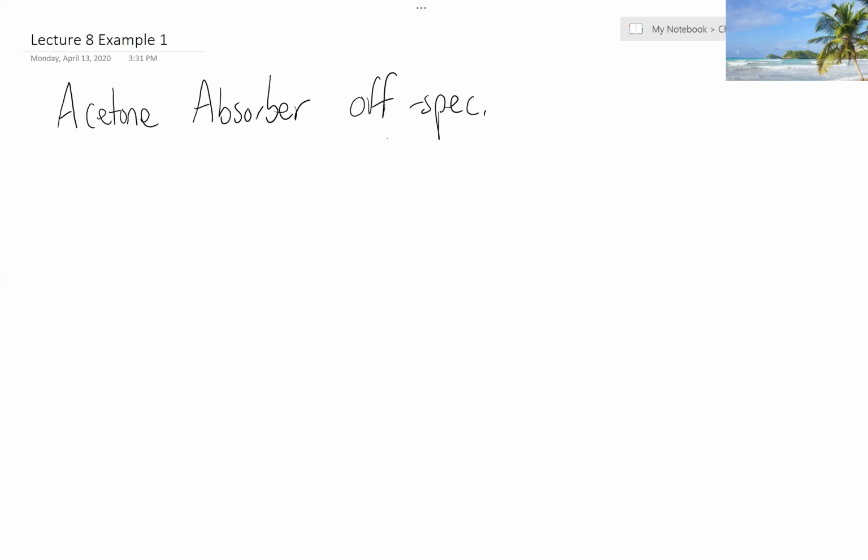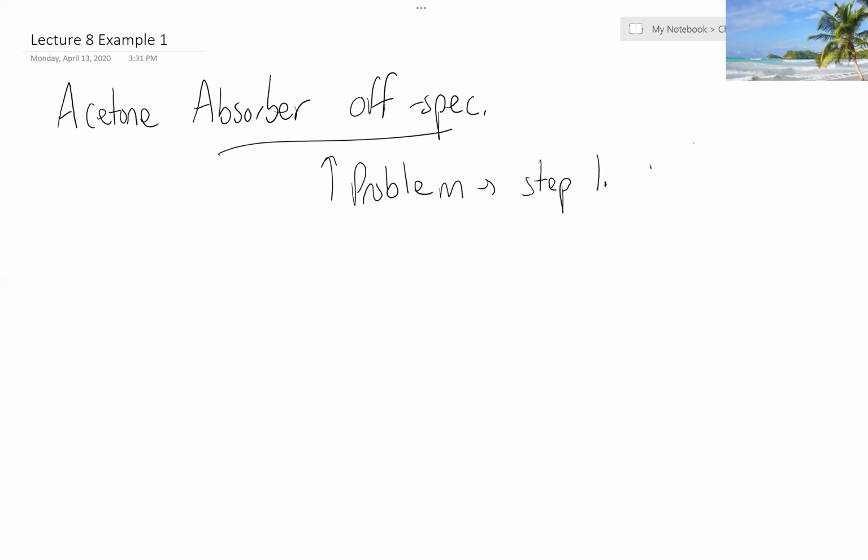So we have an acetone absorber that is off spec. So this is our problem. So step 1 is done.